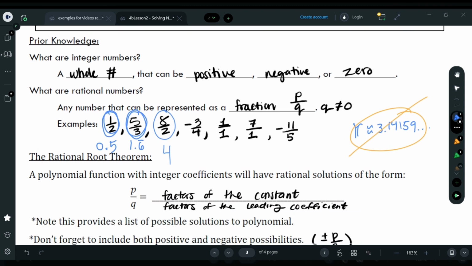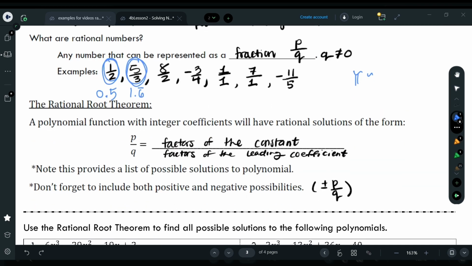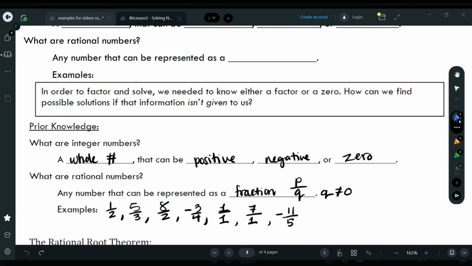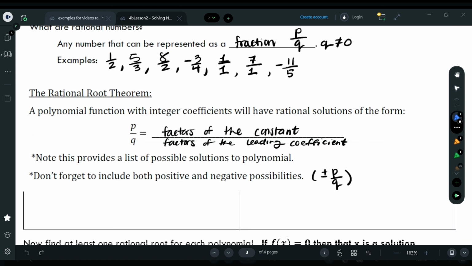And let's see here. All right, let's see what the rational root theorem tells us. Okay, the rational root theorem.